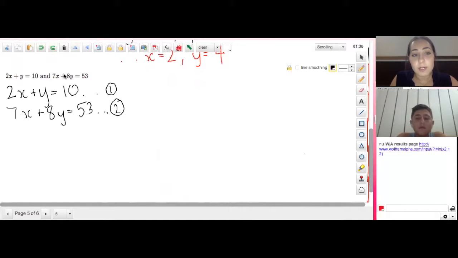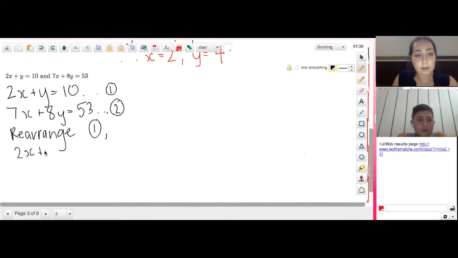So what we're going to do is change equation 1 to make y the subject of that equation. So we're going to rearrange 1. We initially have 2x plus y equals 10, and our aim is to make y the subject.